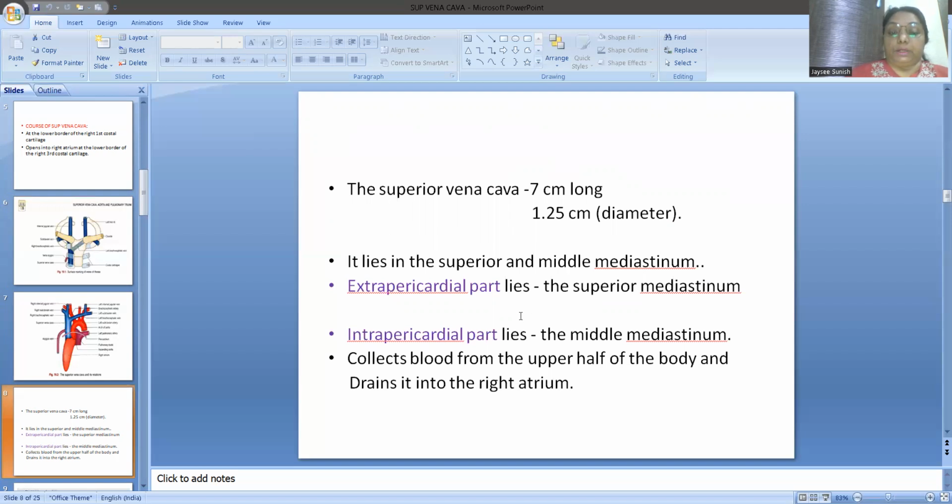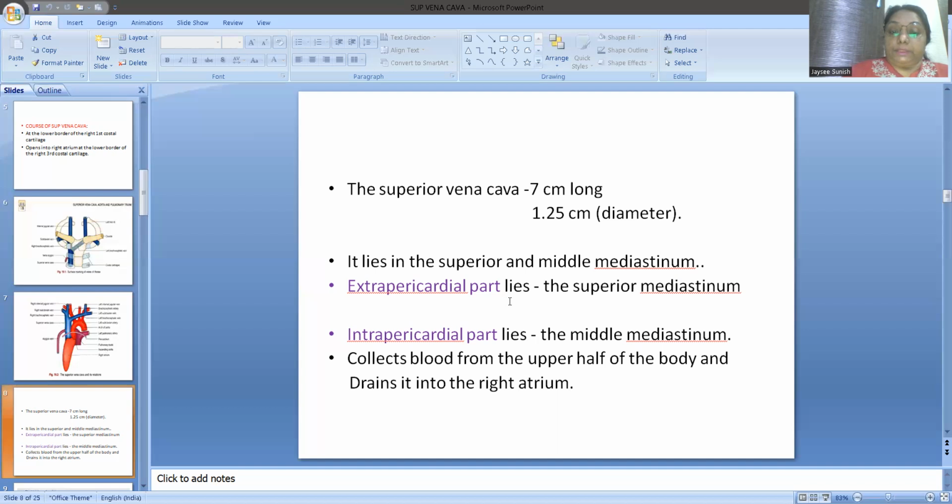Now it has two parts: one is the extrapericardial part, and the second is the intrapericardial part. The name suggests that the portion that lies outside the pericardium is called extrapericardial, and the portion lying inside the pericardium is called the intrapericardial part.